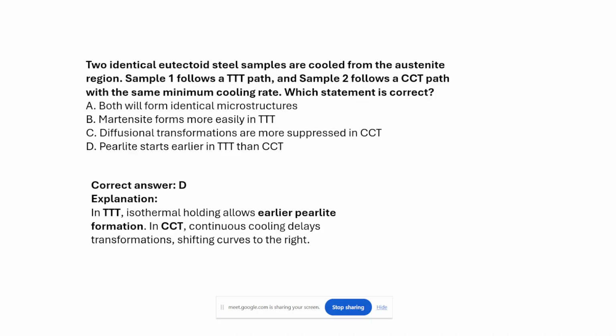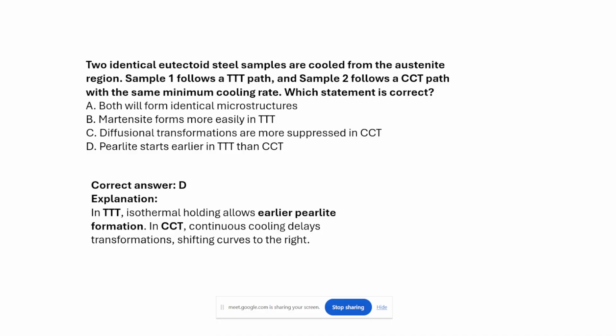Two ideal eutectoid steel samples are cooled from the austenitic region. Sample 1 follows the TTT path and sample 2 follows the CCT path with the same minimum cooling rate. Which statement is correct? Both will form the identical microstructure. Martensite forms more easily in the TTT.